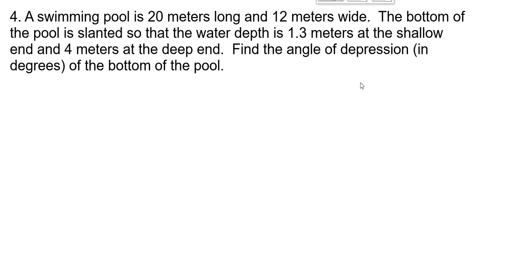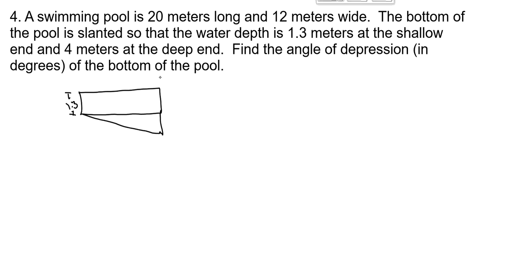So when I draw this pool, I'm doing a vertical cutout. I think of it long ways as I think about that in my head. So the whole pool depth, this would be that 1.3, and then it gets deeper as it goes. That's the best I'm going to get there. So we have 1.3 meters right there.